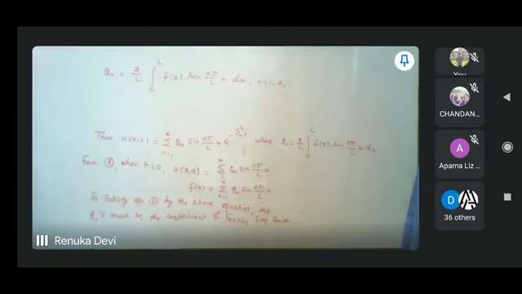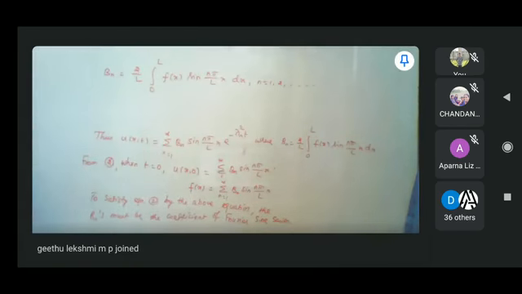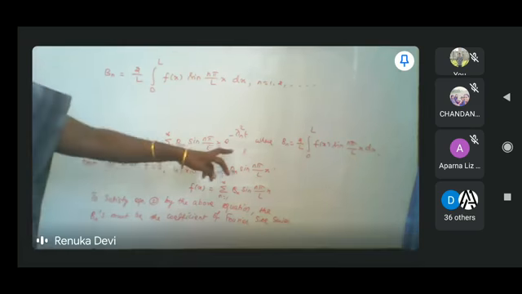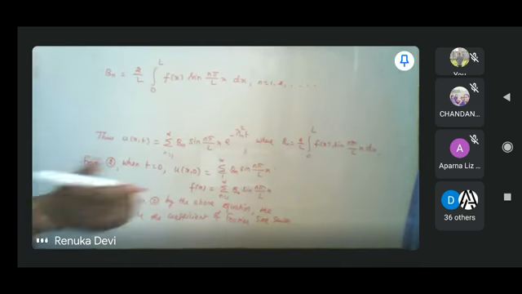So this is the general solution of the given equation. That is, the heat equation has the solution in Fourier series form.